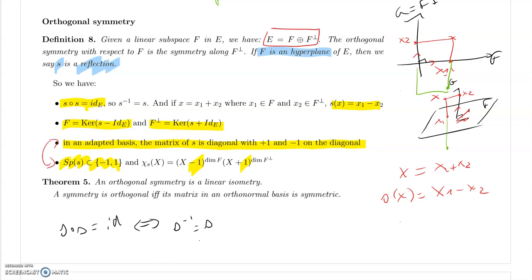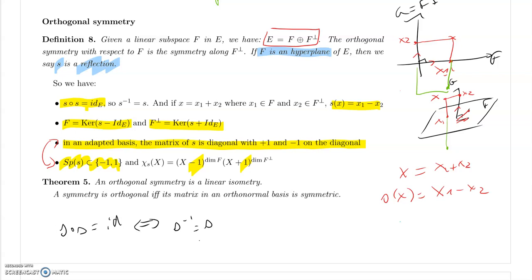This is how we can write the matrix of the symmetry. Then we have that an orthogonal symmetry is a linear isometry, and a symmetry is orthogonal if and only if its matrix in an orthonormal basis is symmetric.